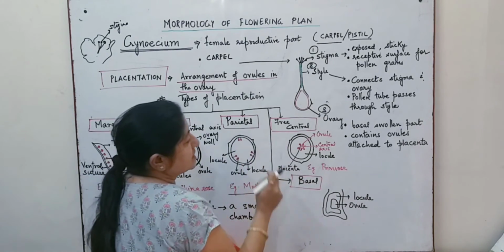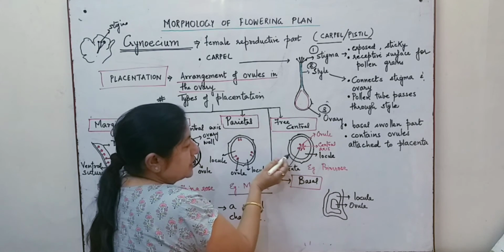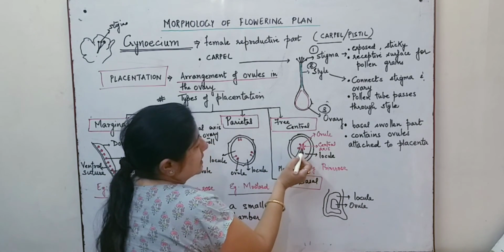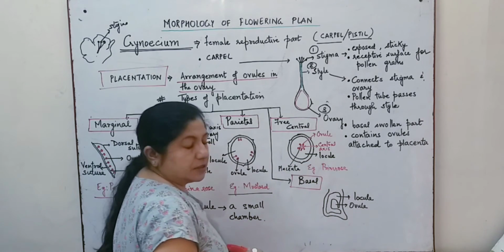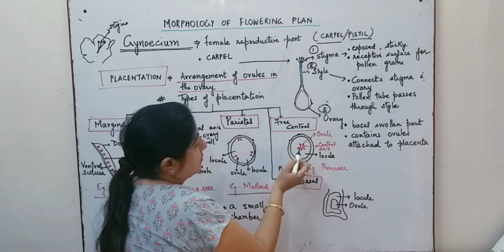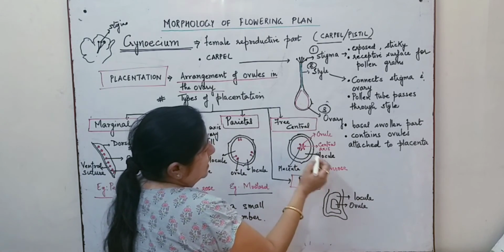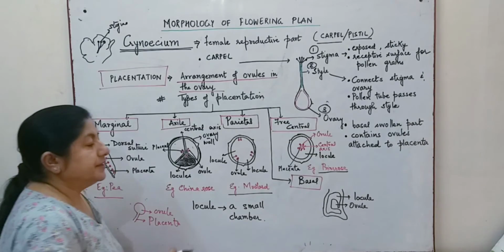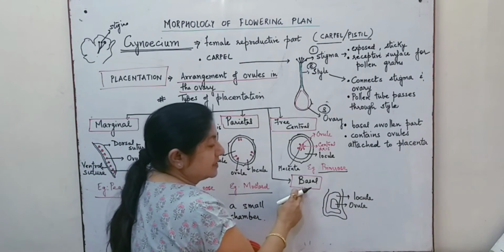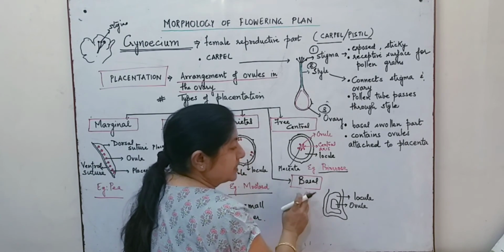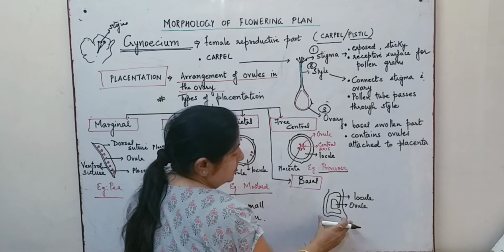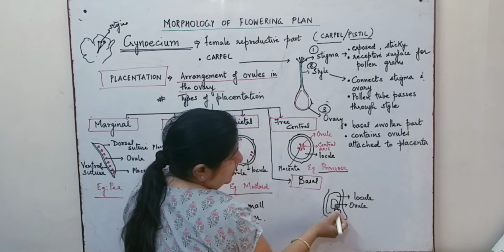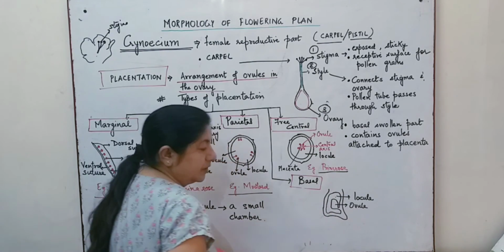Then we have the free central type, in which there is only 1 chamber, that is only 1 locule, but it has a central axis to which the ovules are attached with the help of placenta, and it is found in primrose. Another type is basal type, and this basal type of placentation is a typical one where it is inverted type, and you can see the ovule over here and the locule over here.